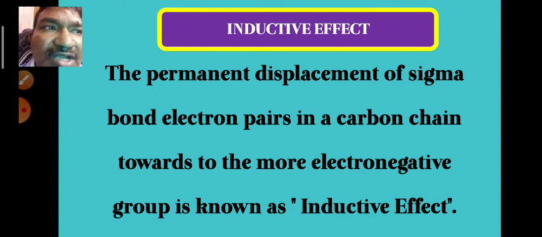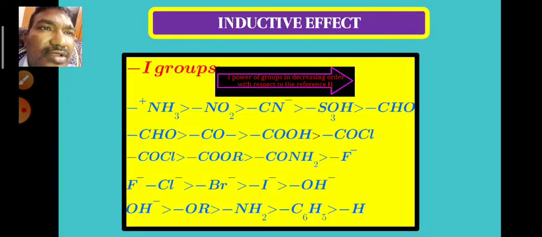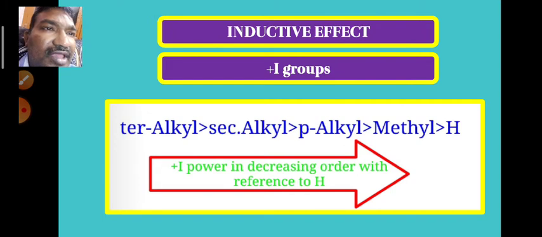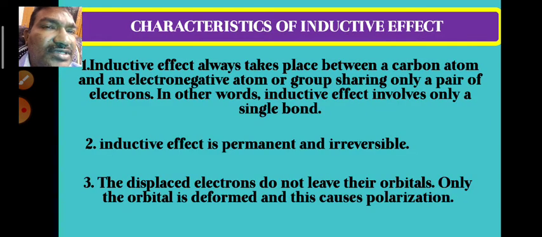The permanent displacement of sigma bond electron pairs in a carbon chain towards the more electronegative group is known as the inductive effect. Now we go for the characteristics of the inductive effect.